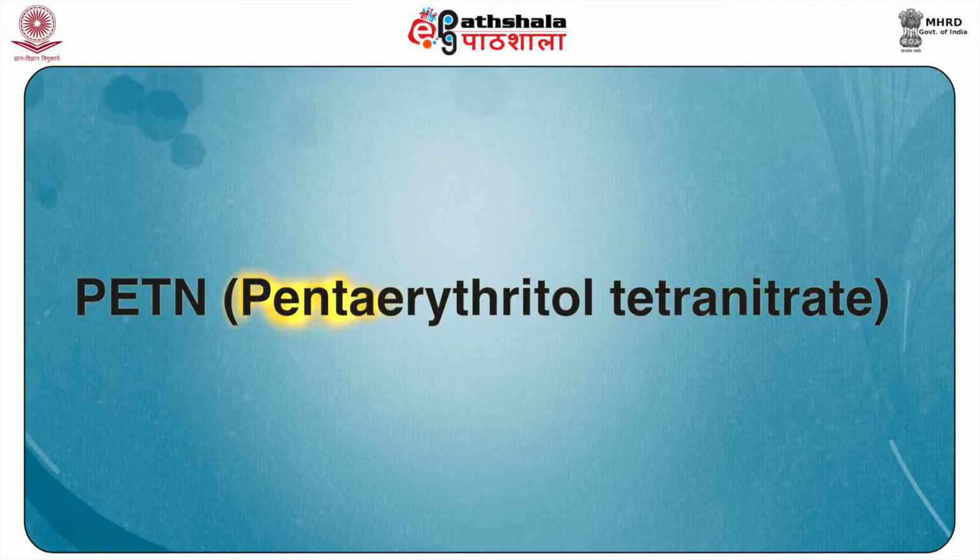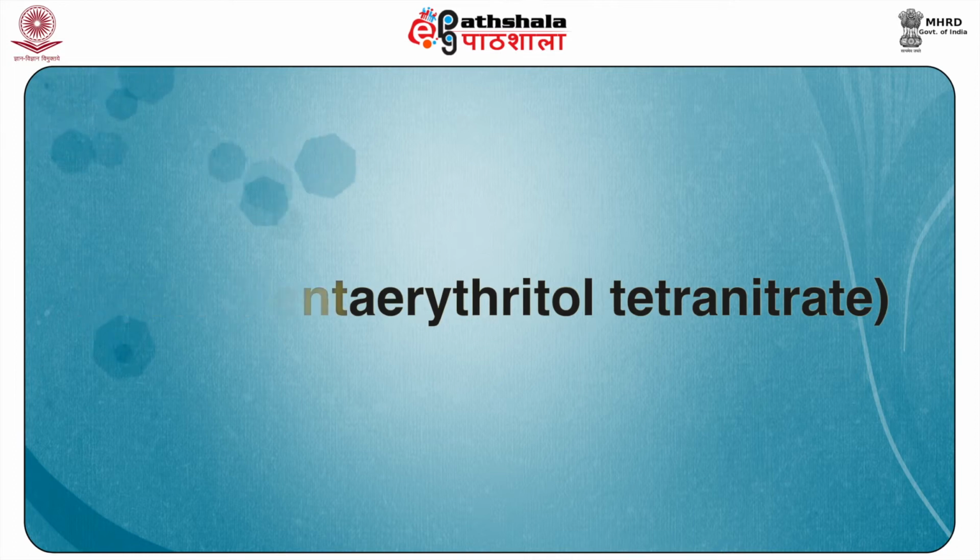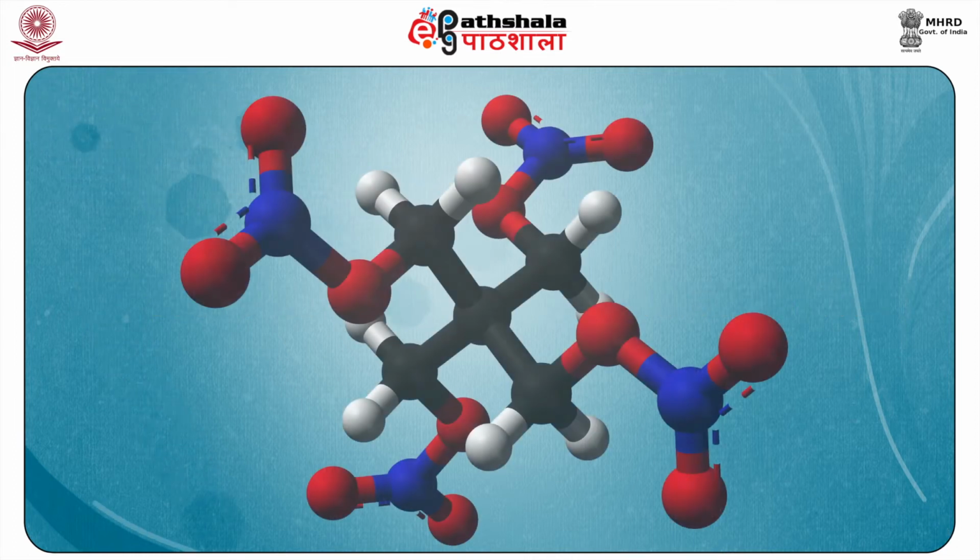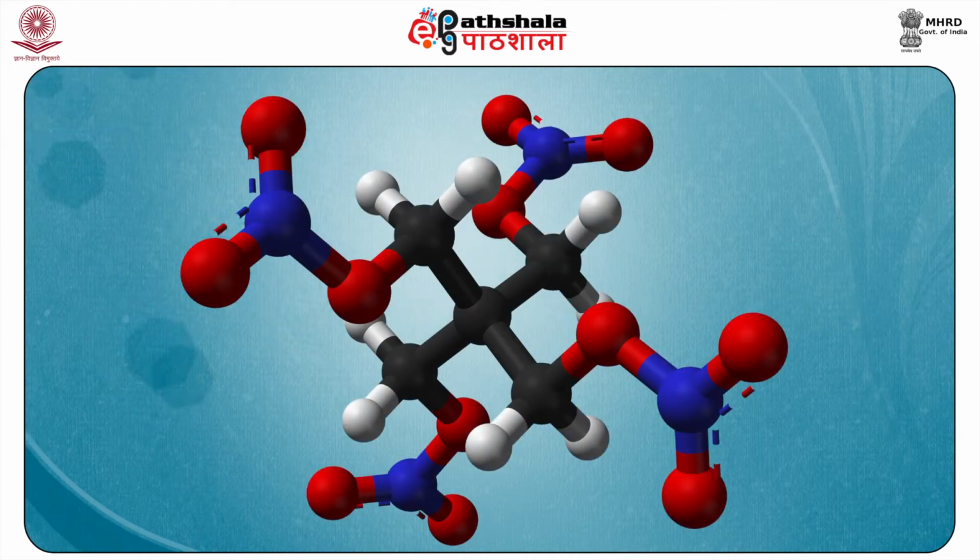PETN, pentaerythritol tetranitrate. PETN is prepared by nitrating pentaerythritol, which in turn is made by mixing formaldehyde with calcium hydroxide in an aqueous solution held at 65 to 70 degrees Celsius.